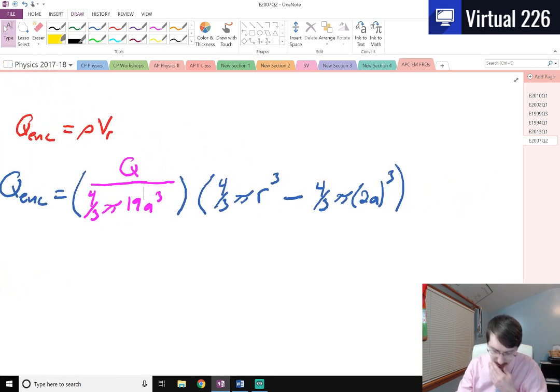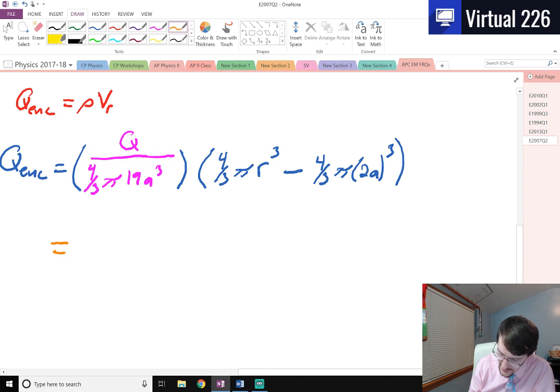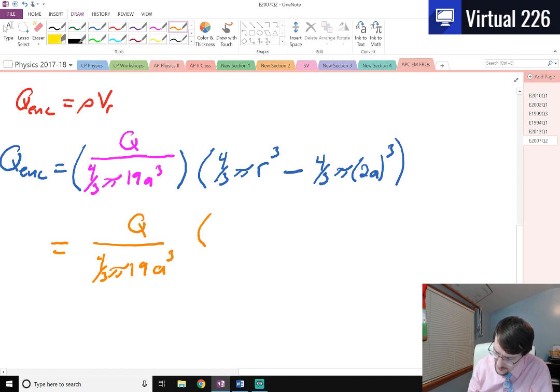Okay, so what do we get here? Let's run down some math. I can pull the 4/3 pi out of all of this, and then 2 cubed is going to be 8. So what I can say is this is going to give me now some charge q over 4/3 pi 19a cubed times the quantity 4/3 pi of r cubed minus 8a cubed.